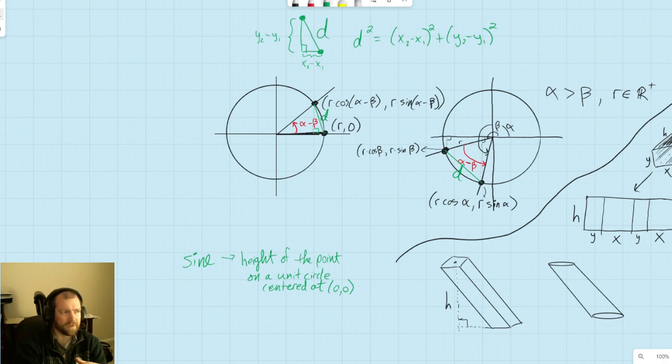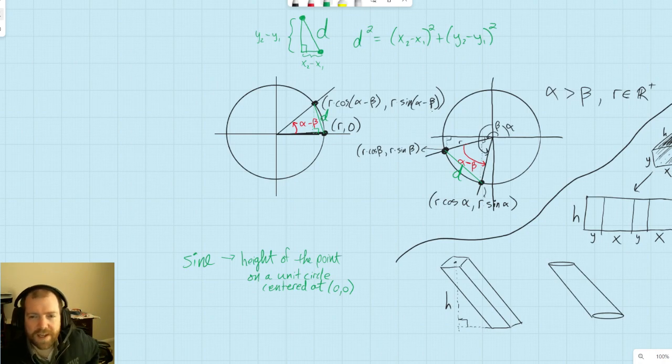It's the Pythagorean theorem, so don't memorize another one. I was telling a bunch of my students today, don't memorize the formula. You don't need to worry about the whole x2 minus x1 thing. You're trying to find the distance in this direction and the distance in this direction. You know how to do it. I've been telling you how to do it all semester long.